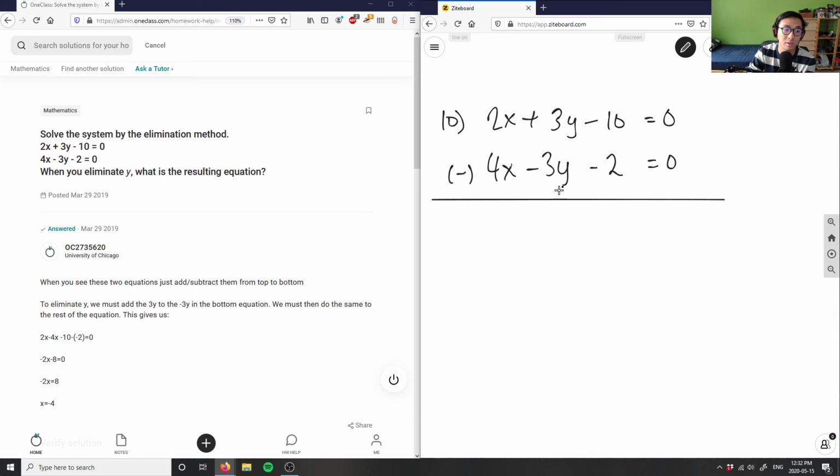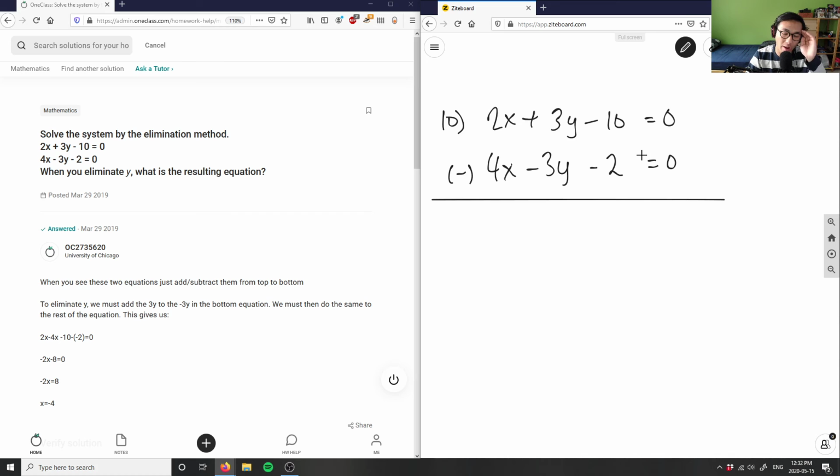So what we want to do here is multiply some type of constant to these equations so that the terms eliminate each other. Oh, I want to eliminate y, sorry.